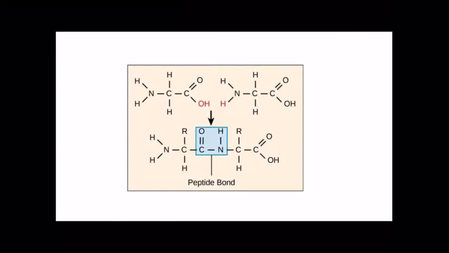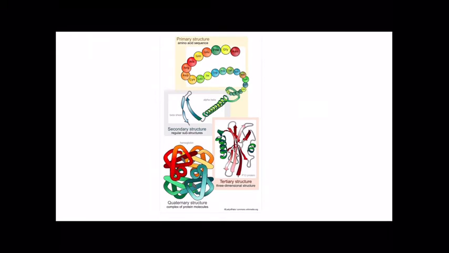So amino acids, let's see, do we have a list of them here? No, we just have their structure. Okay, so what we're looking at here is the layers of structure that make up a protein. The string of amino acids, that's called the primary structure, and we can see that on top here.